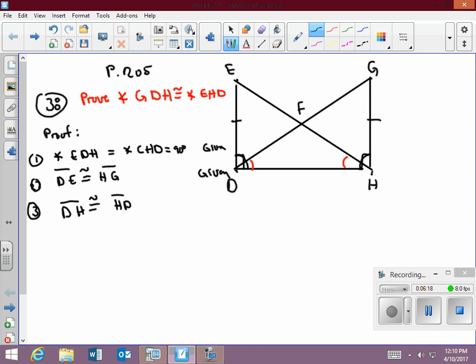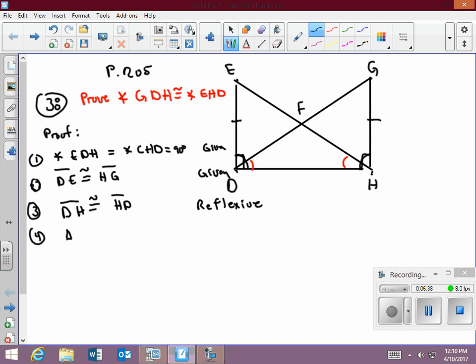And that's what? Reflexive. Okay, so it's the reflexive property. And then for 4, what are you going to say? Now you can prove congruency between the two triangles, side angle side.